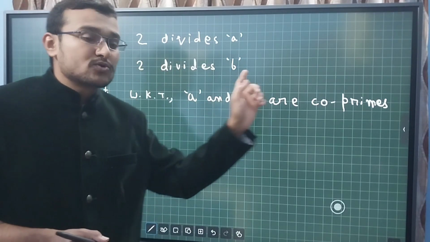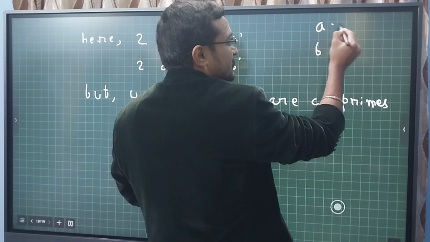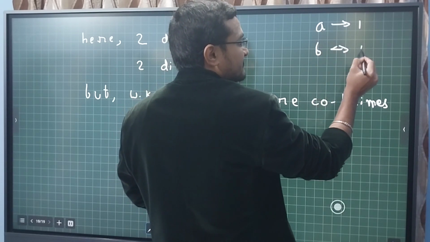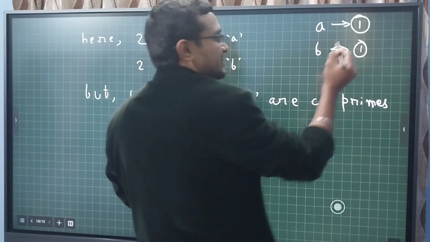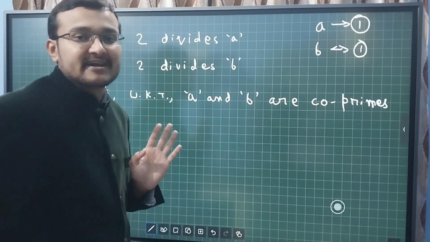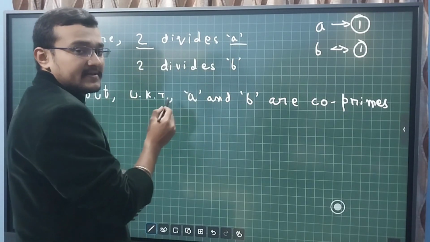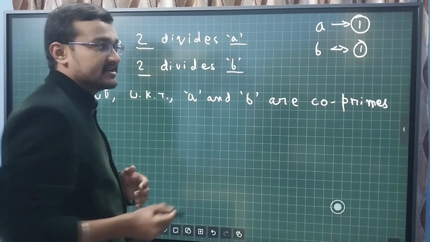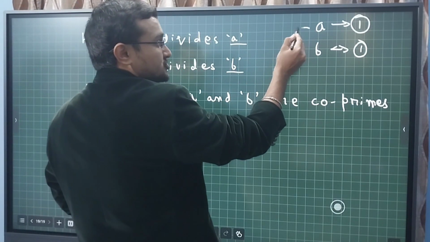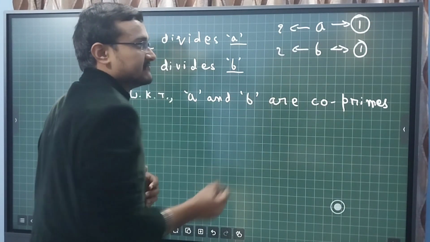Because A and B are co-primes, that means A and B only have 1 as their common factor. Other than 1, there are no common factors for A and B. But here we are proving that 2 is dividing A and 2 is also dividing B. So that means A also has 2 as a prime factor and B also has 2 as a prime factor.